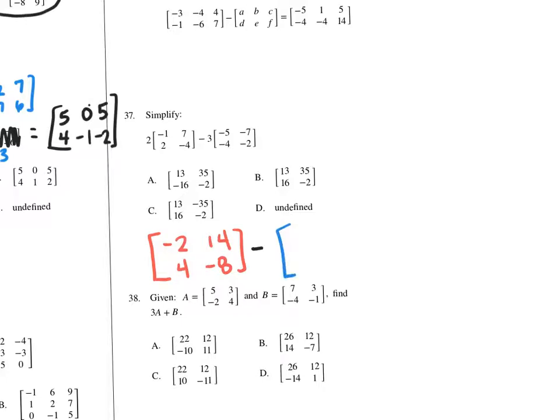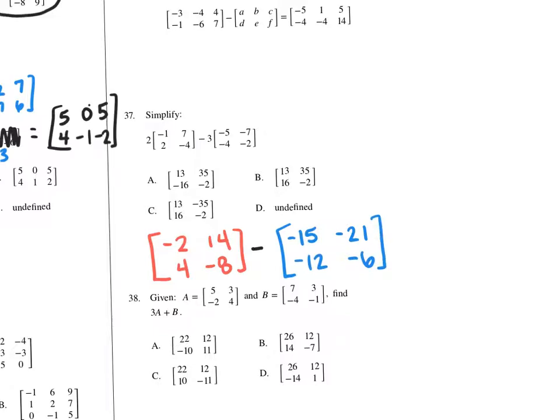In this matrix, every number gets multiplied by 3. We're going to ignore that negative and handle it in a second. So we get negative 15, negative 21, negative 12, and negative 6.